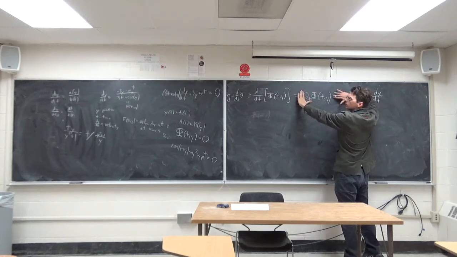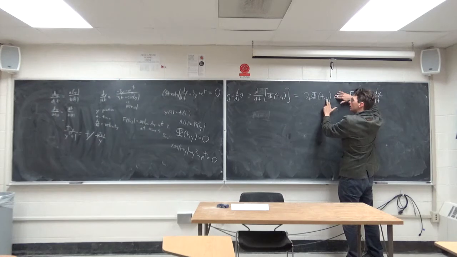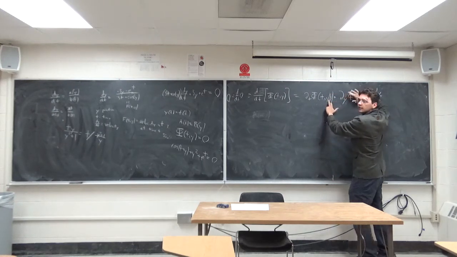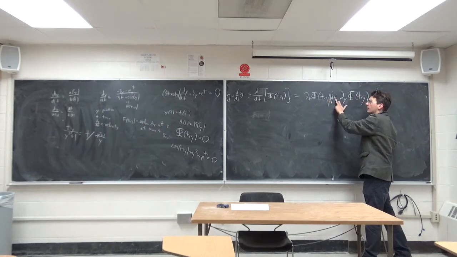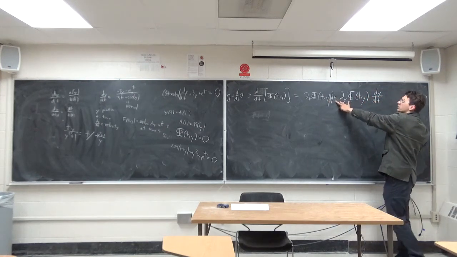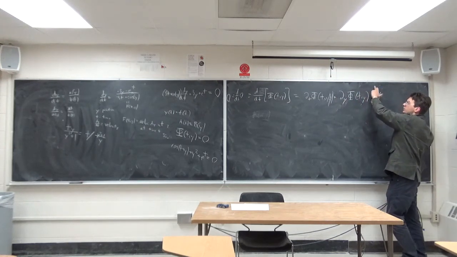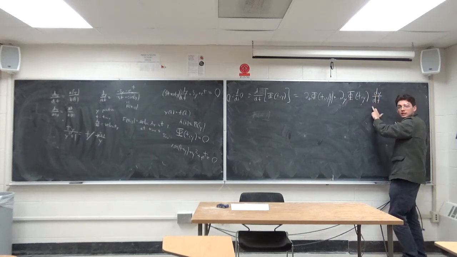Normally I think that it would just be like that. But the thing is, this y right here, you remember, is dependent on t. So in order to complete this, I have to also take the derivative with respect to y, and then multiply that by the derivative of y with respect to t.